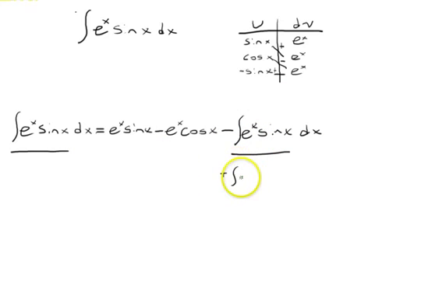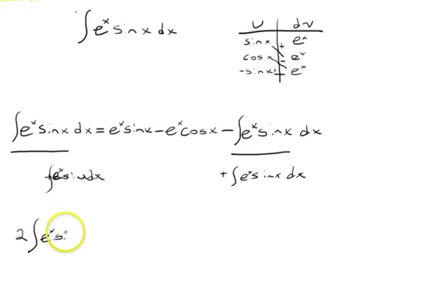So I'm going to add that integral to both sides of this equation. And I'm going to end up getting 2 times the integral of e to the x sine x dx equals e to the x times the quantity sine x minus cosine x.